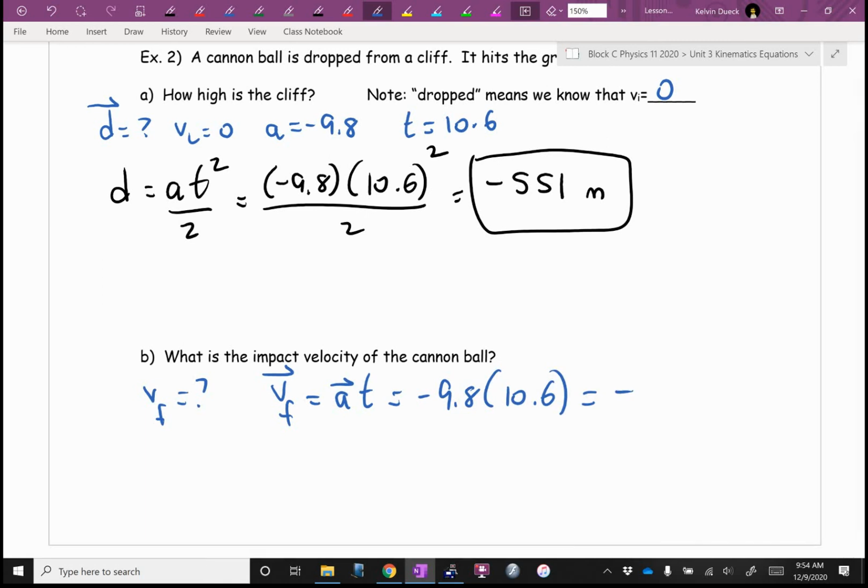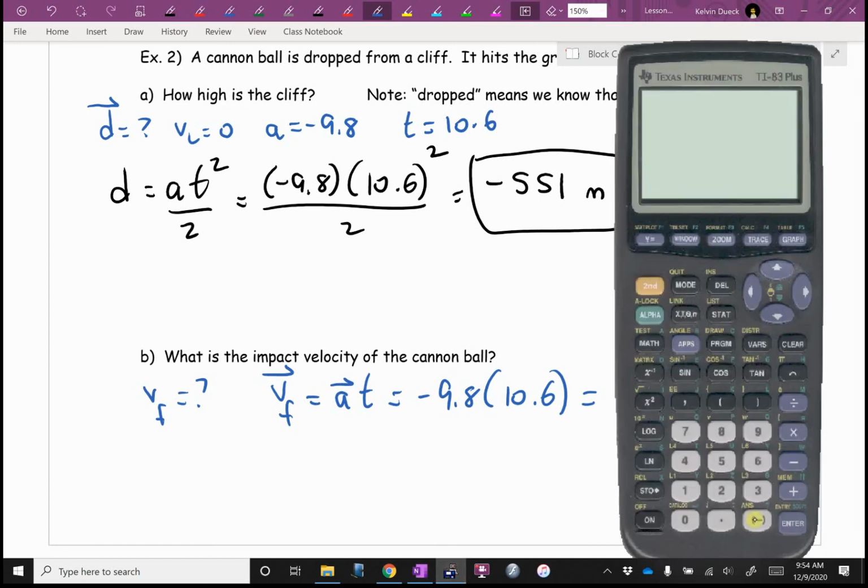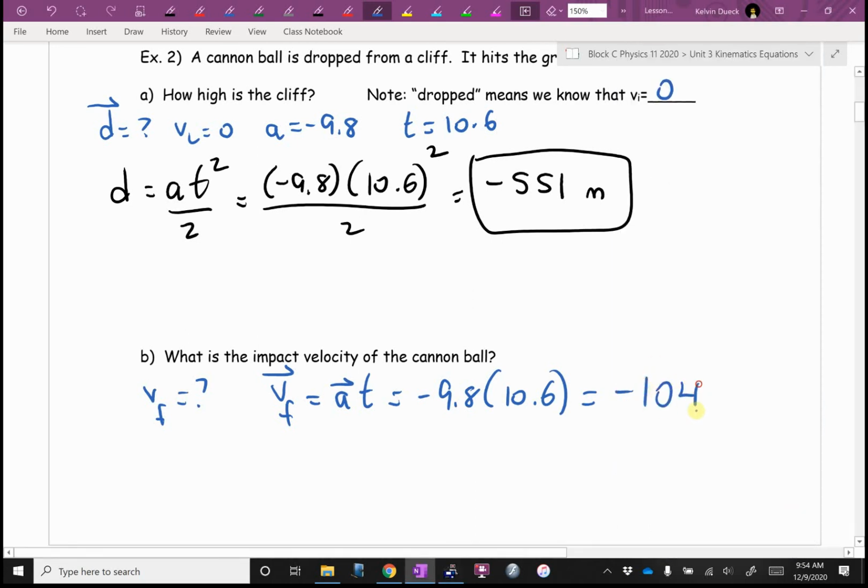So this is giving me a velocity, not a speed. It's giving me a vector answer. Direction is taken care of. Going to be what? Really close to 100? Negative 104, if I round off properly. Meters per second.